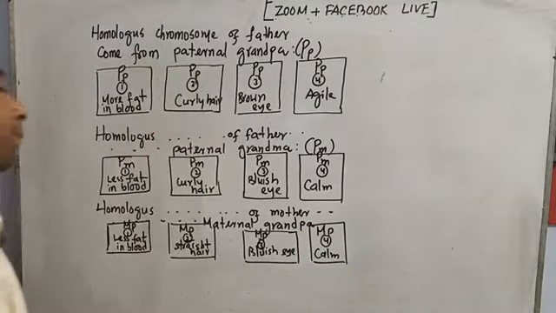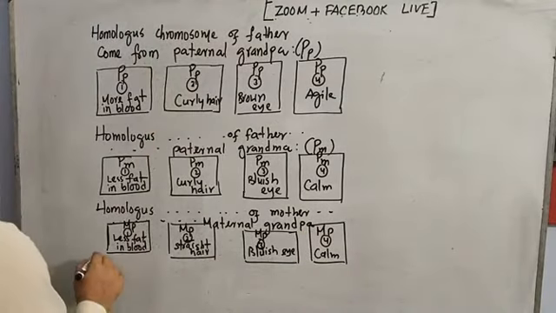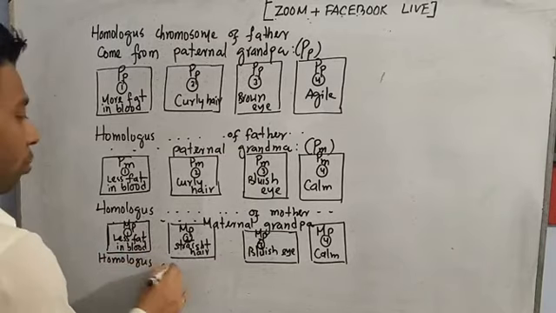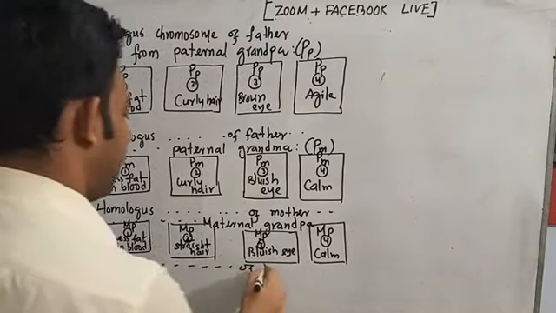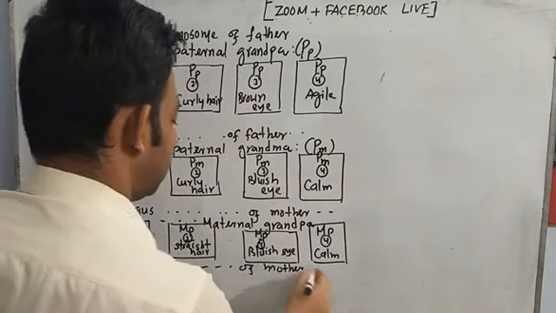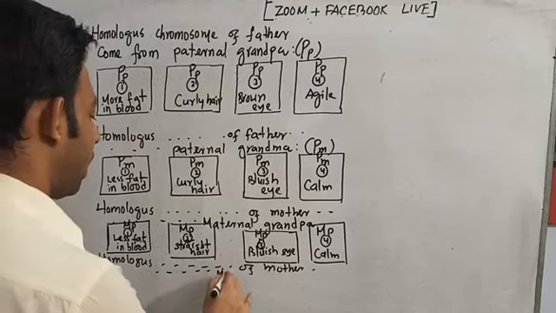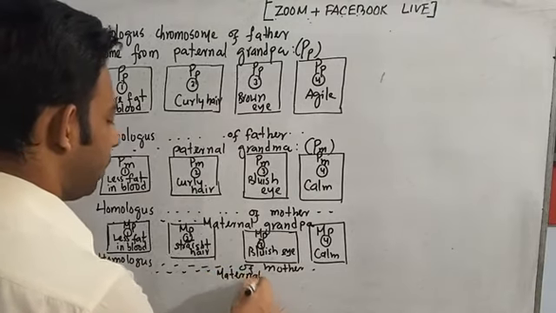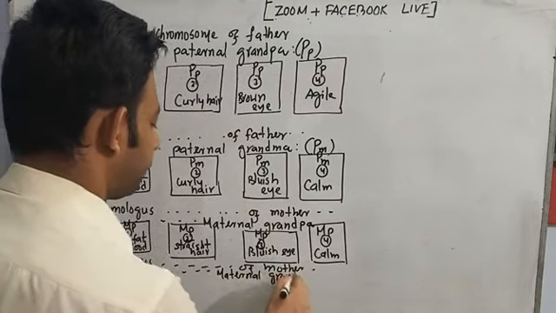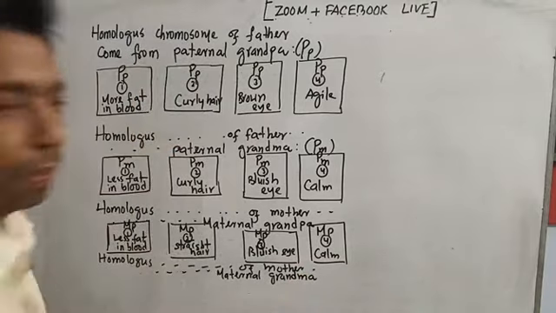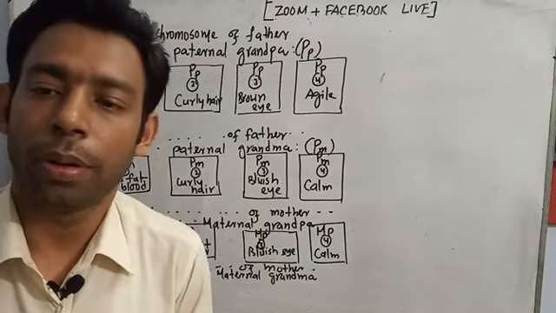Okay, and the same thing: the homologous chromosome of the mother comes from the maternal grandma. Maternal grandma.